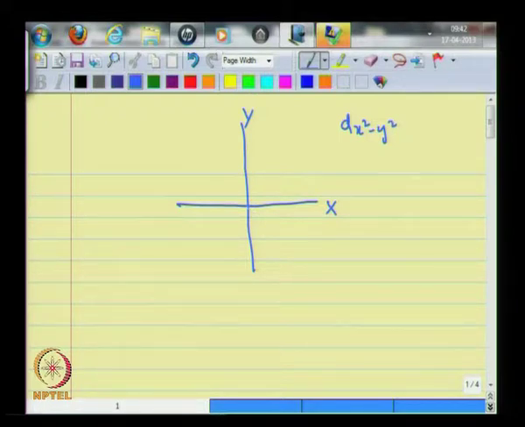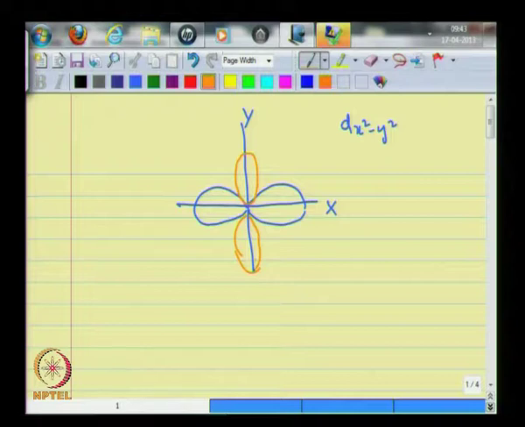It will have a positive lobe like this and another one in exactly the opposite direction, and it also has two negative lobes, one like that and the other one like this.